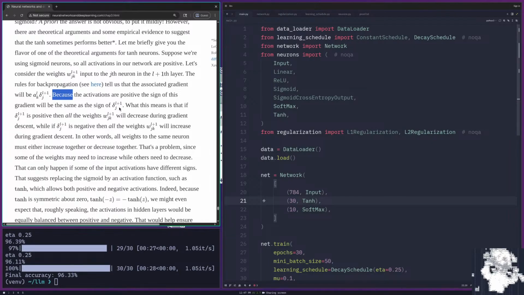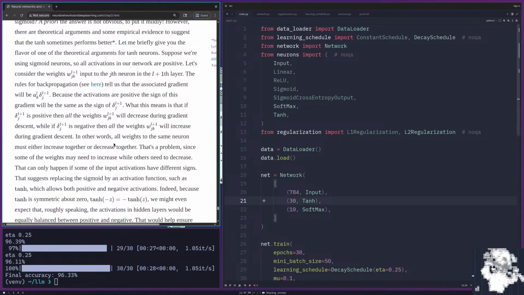Because the activations are positive, the sign of this gradient will be the same as the sign of delta^{l+1}_j. What this means is that if delta^{l+1}_j is positive, then all the weights w^{l+1}_{jk} will decrease during gradient descent, while if delta^{l+1}_j is negative, then all the weights will increase during gradient descent.